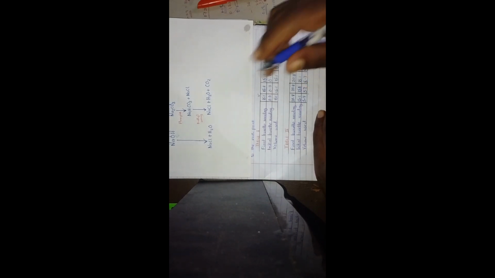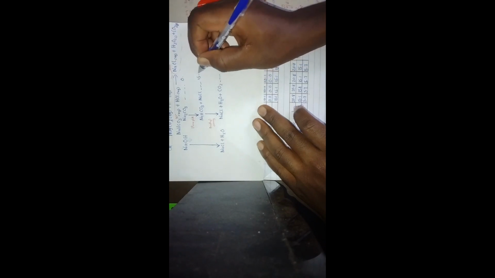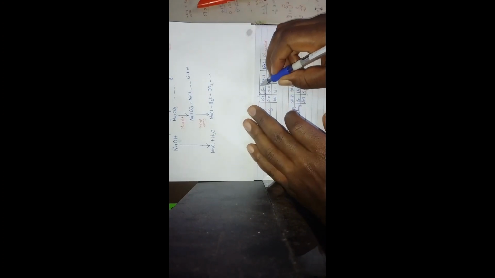Methyl, yes, the final burette reading is 20.8. So it means from 0 to here it is 15.1, the first experiment.